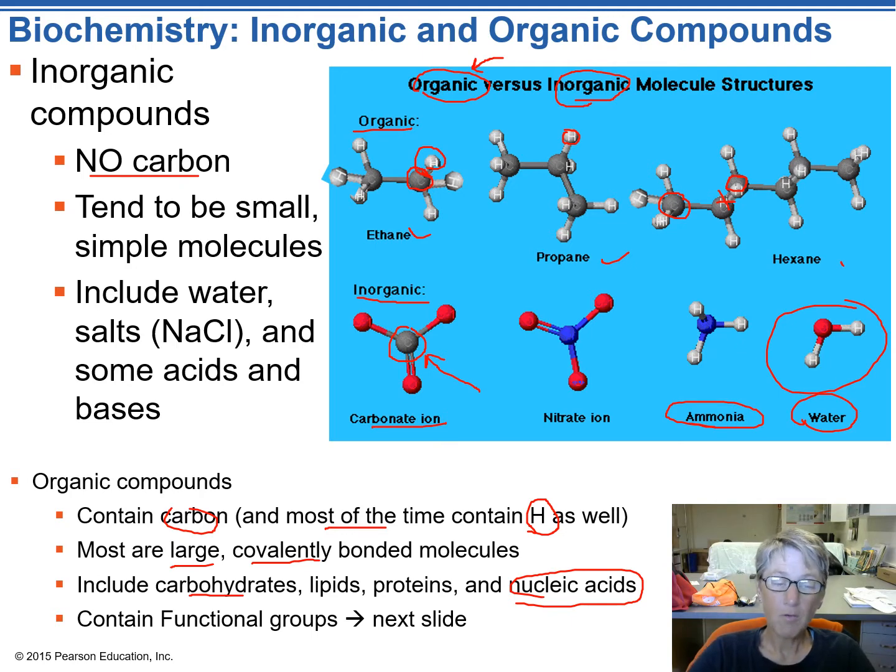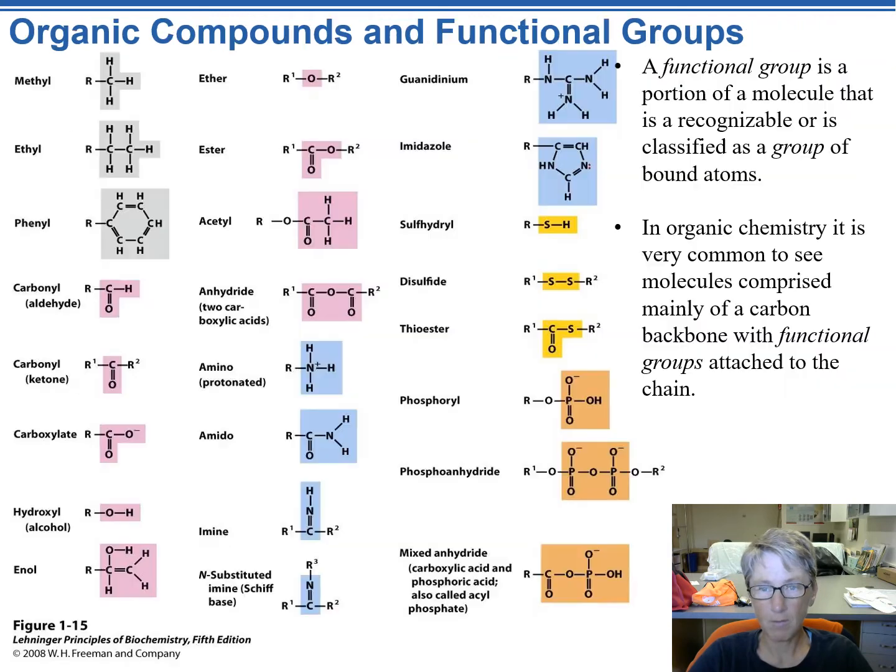Organic compounds often contain things called functional groups. If you've had chemistry, then you know functional groups. But if you haven't had chemistry, this is a cartoon of all the functional groups that we're interested in for anatomy and physiology. A functional group is a portion of a molecule that is classified as a group of bound atoms.